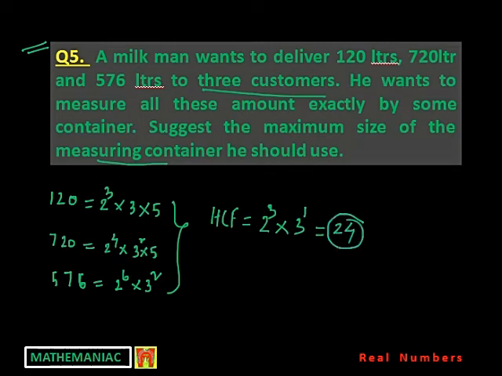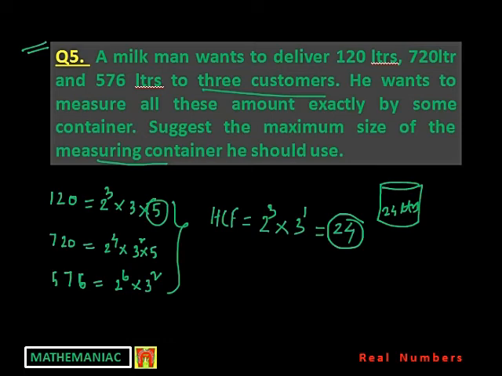24 is that number which divides all these. It means if you have a measuring container whose capacity is 24 liters, you can measure this exactly. By how many times? You can see 3 makes 24, so 5. Whatever is the left out factor, that is the number of times. 5 times if you measure 120 liters.